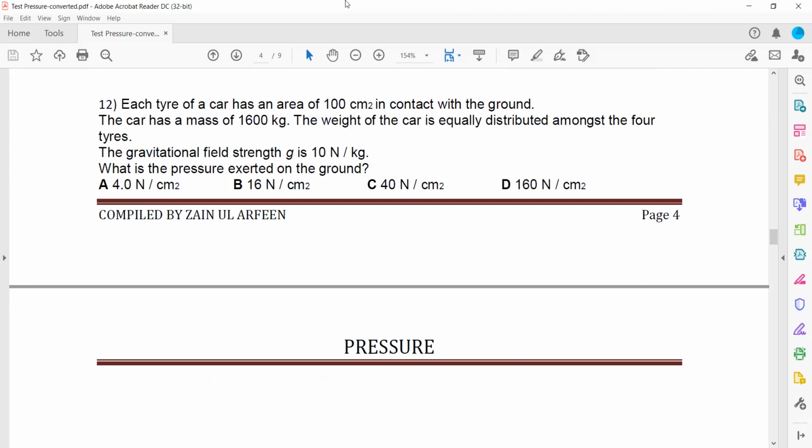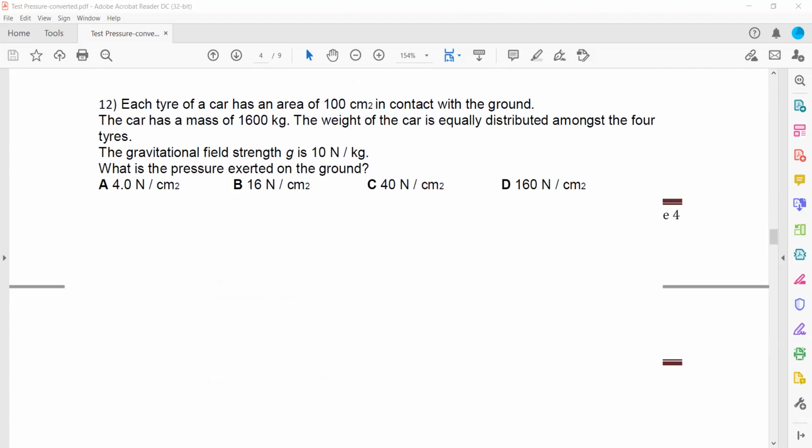In this question, each tire of a car has an area of 100 centimeters square in contact. It means one tire is having an area of contact 100 centimeters square. The car has a mass of 1600 kilogram.